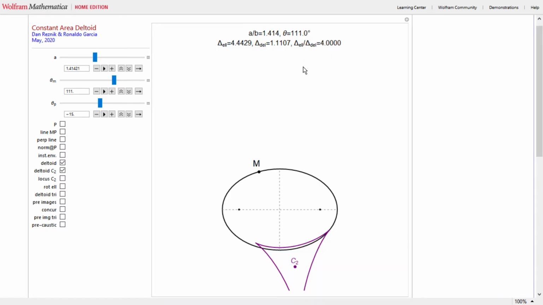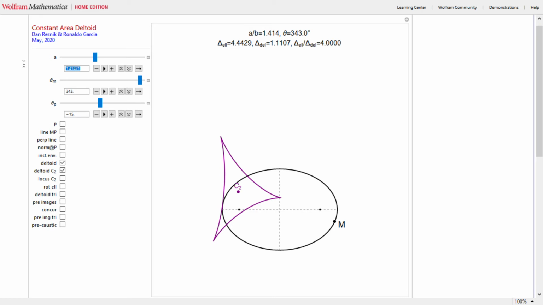There it is. So when it's square root of 2, and I animate M, I still get an invariant deltoidal area. However, now the ratio of ellipse to deltoid area is 4. So just remember, square root of 2 gives me a ratio of 4, and the golden ratio gives me a ratio of 2. That's pretty nice.